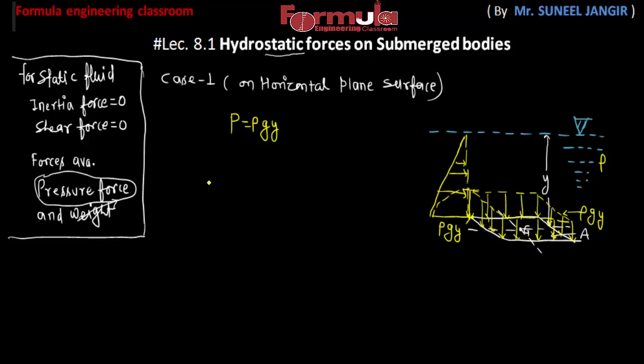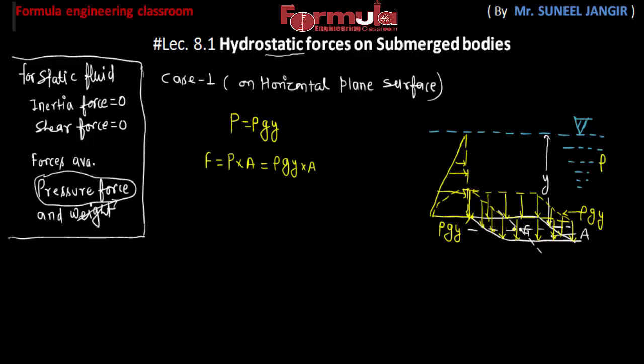Now we know the pressure intensity, and it is uniform throughout the surface, and we know the area, so we can calculate how much force this pressure will exert on the surface. So F is equal to pressure times area. The pressure intensity is rho g y, the same everywhere, times the area A. This is the force exerted by this fluid over this flat surface of area A in horizontal position.